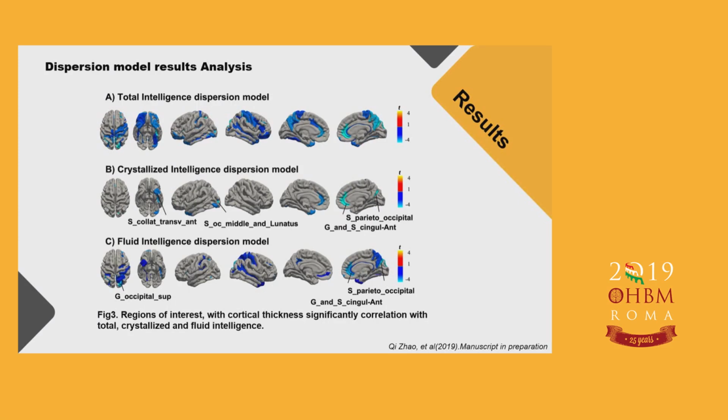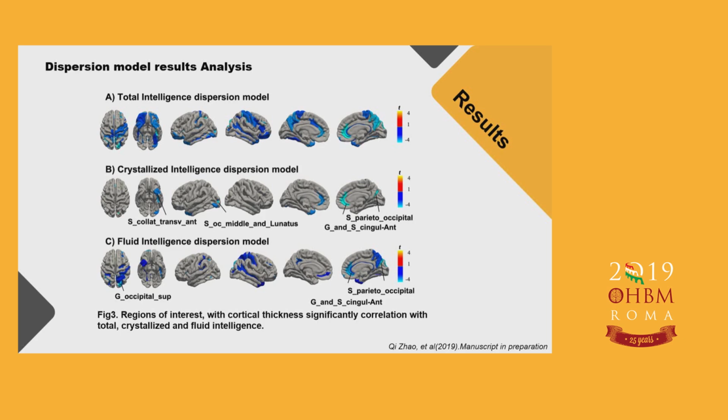In the dispersion model, we found interesting results: all the intelligence scores are negatively associated with thickness dispersion, which may reflect that higher IQ populations are more similar in brain structure than lower IQ populations. And fluid intelligence is more negatively associated with thickness dispersion than crystallized intelligence.